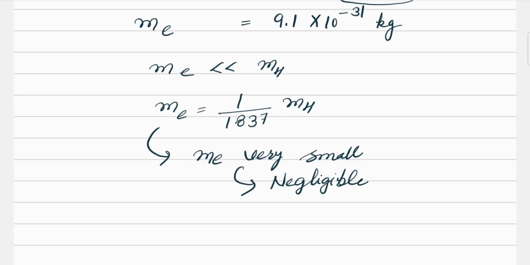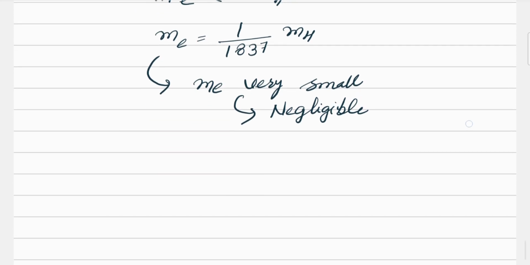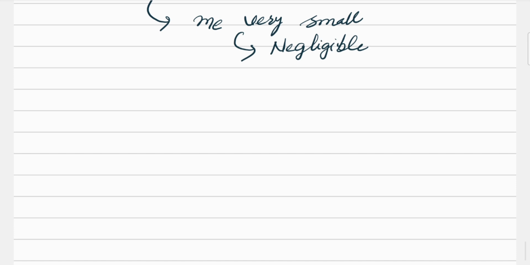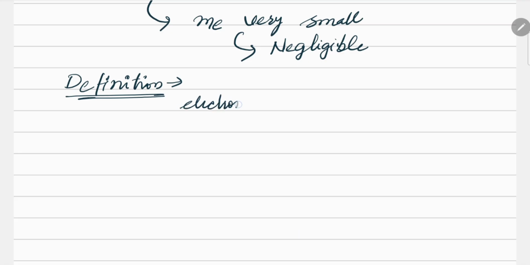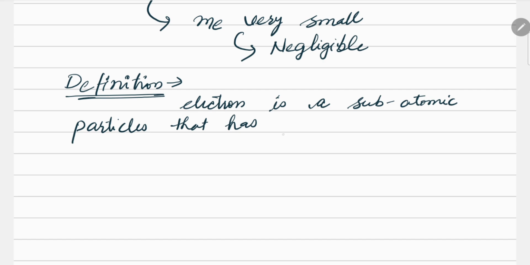From here the electron was actually defined. What is the definition of an electron? An electron is a subatomic particle that has unit negative charge.